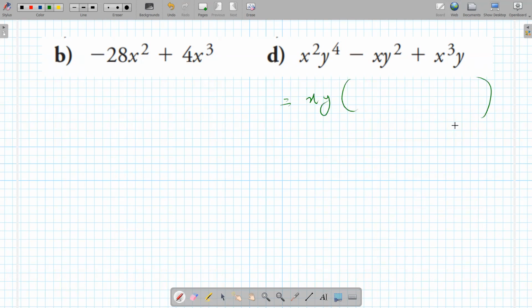What are you left with if you pull out an xy? xy to the power of 3 minus y plus x squared.